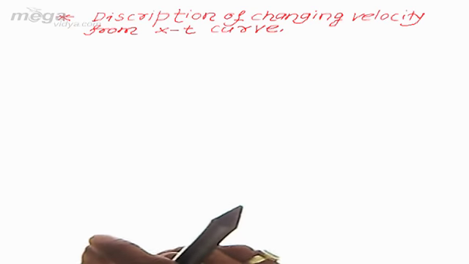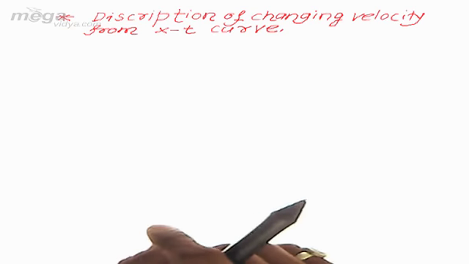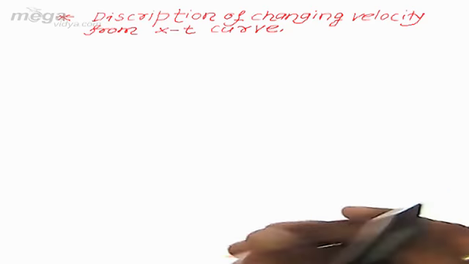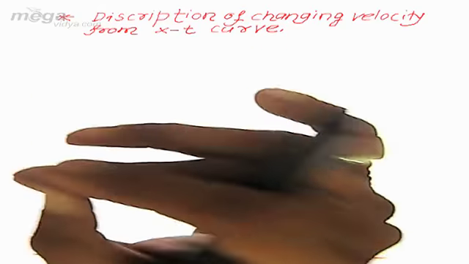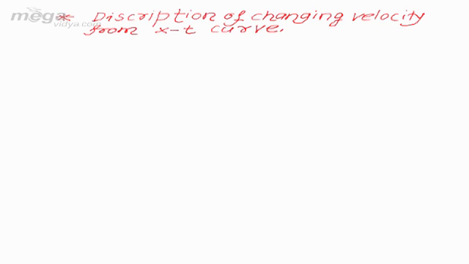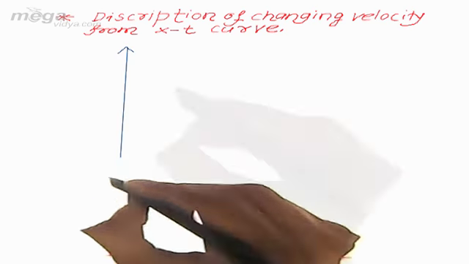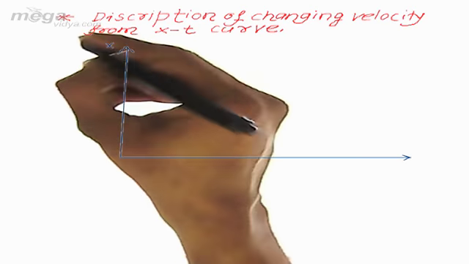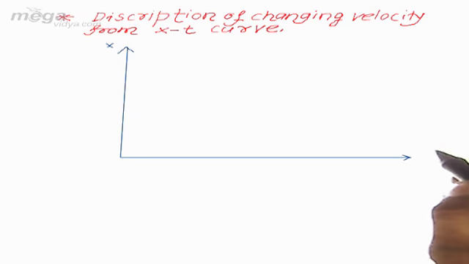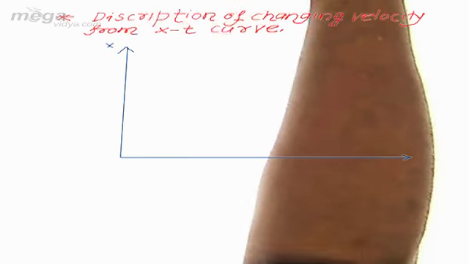Now, how will I get the complete information about the changing velocity of the particle using the same position-time curve? As an example, I am again drawing the position-time curve for the particle. On this axis we are taking the position of the particle, taking this direction to be forward.